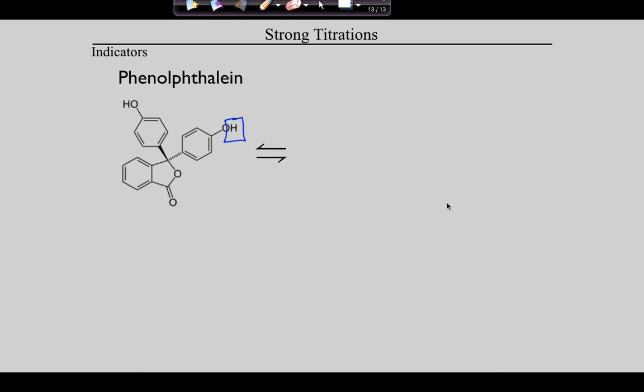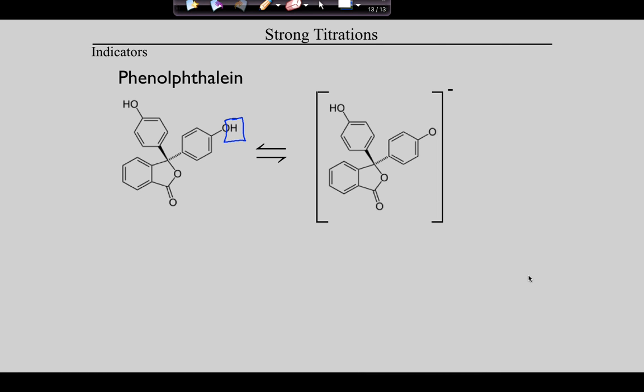What happens is this phenolphthalein molecule reaches equilibrium with its conjugate base. That is the conjugate base of phenolphthalein. The other product, of course, is protons, because we remove that hydrogen from the phenolphthalein and we end up with the conjugate base and then the hydrogen that gets released.